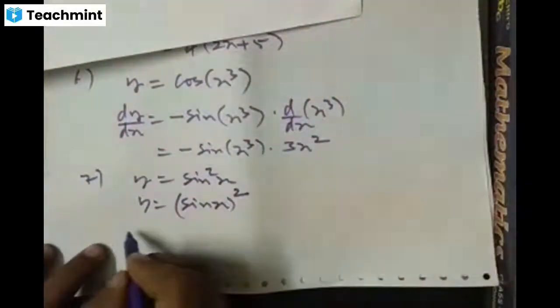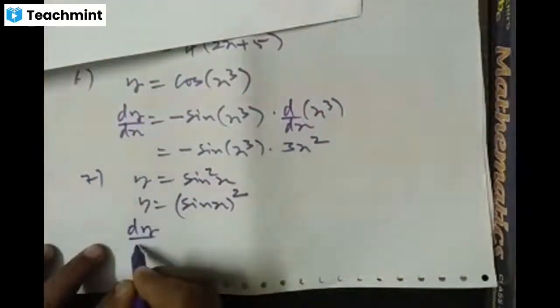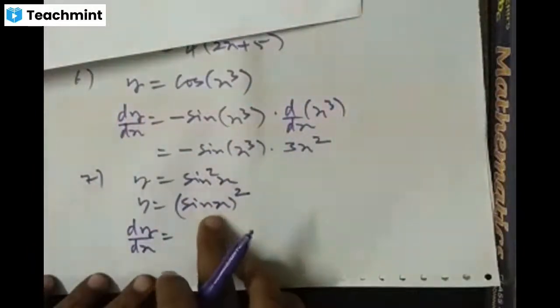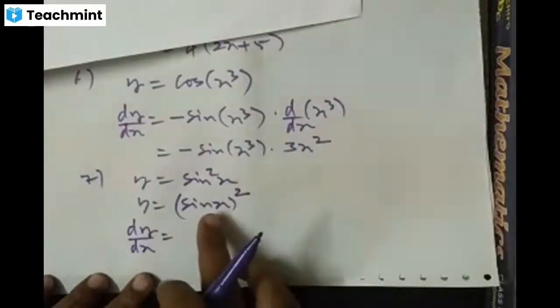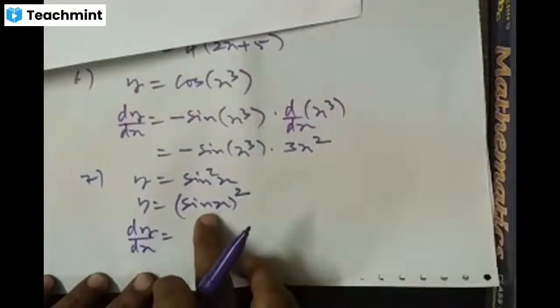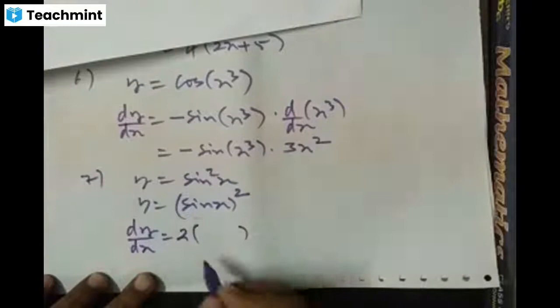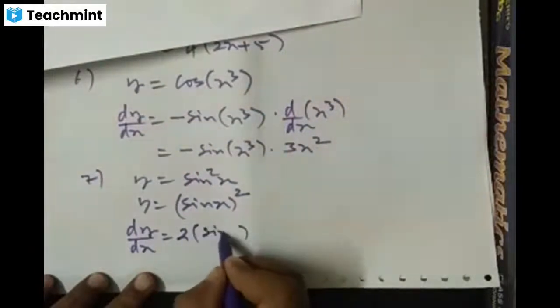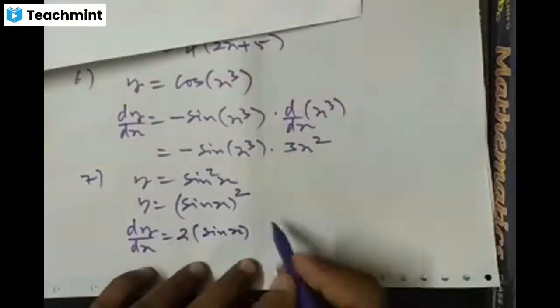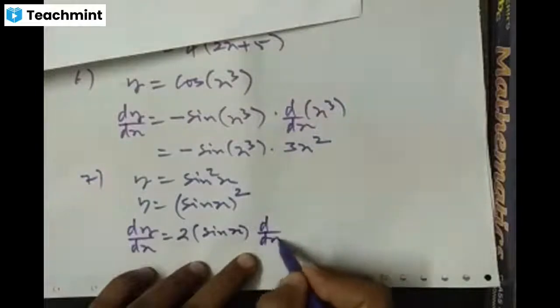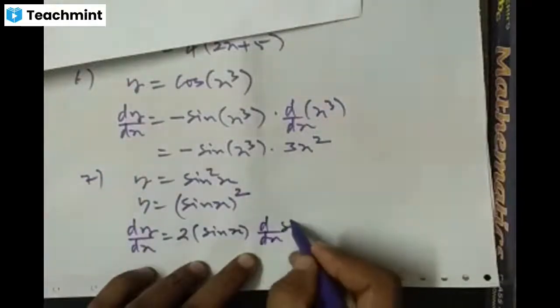Now dy by dx is equal to, now the given function is of the form u square. What is the derivative of u square with respect to u? 2 into u, right? In place of u we have sin x into d by dx of this function sin x.